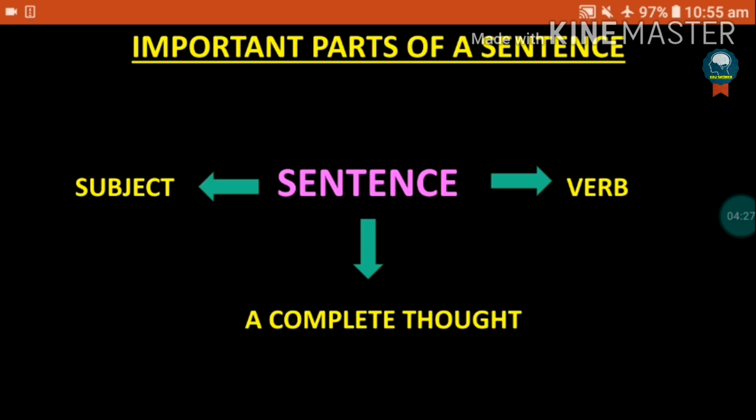So always remember, in order to write a sentence, we must include a subject, a verb and a complete thought. हमें correct sentence लिखने के लिए sentence में हमें subject चाहिए होगा, verb चाहिए होगा और उस sentence का meaning और thought complete होना होगा. ठीक है? Incomplete information provide करने से sentence नहीं form होगा.